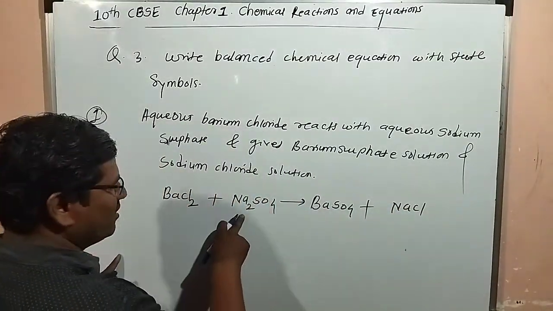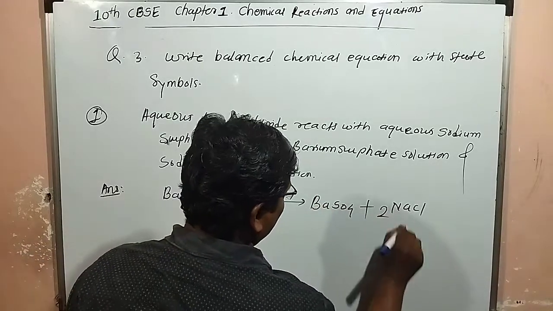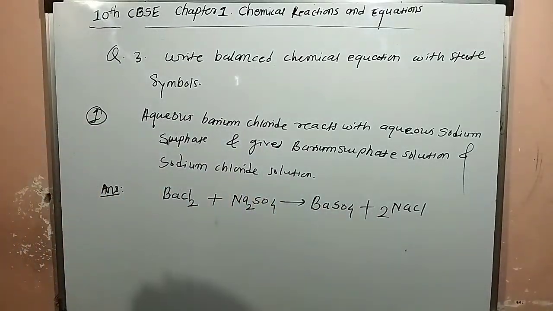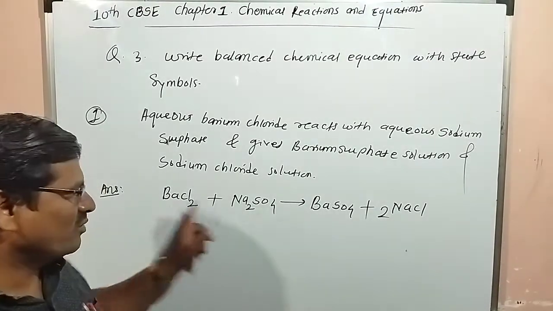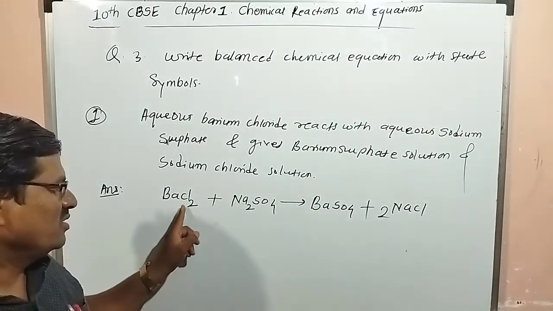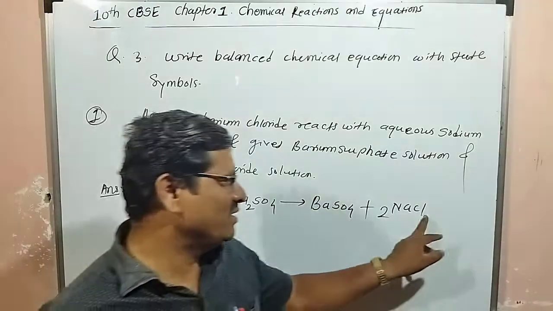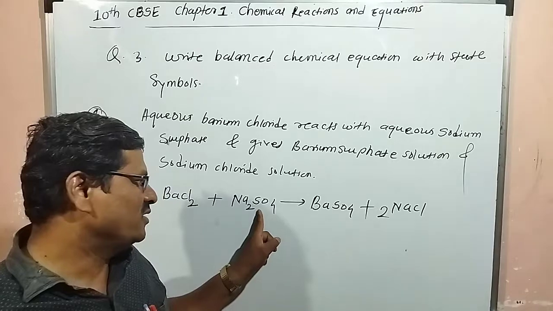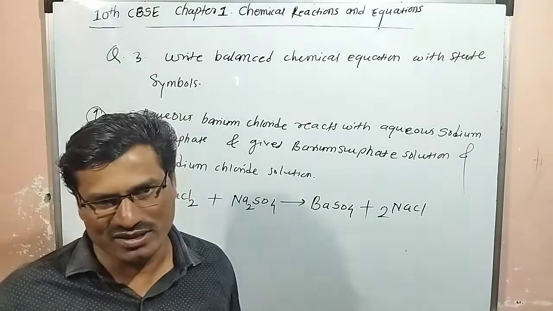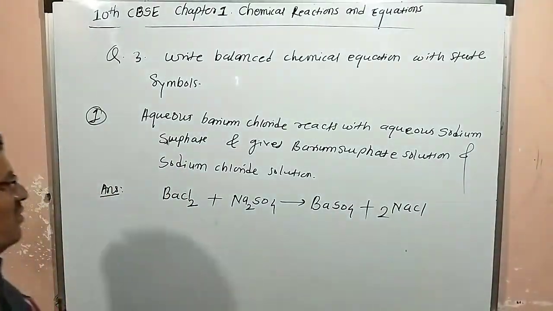Here how many Na are there? 2 are there. So we'll multiply here by 2. Now we'll check whether the chemical equation is balanced or not. Ba is 1, Ba is 1. Then Cl2 is there, twice Cl is there. Na2 is there, 2 Na is there. SO4 1 is there, SO4 1 is there. So in this way the chemical equation is balanced.